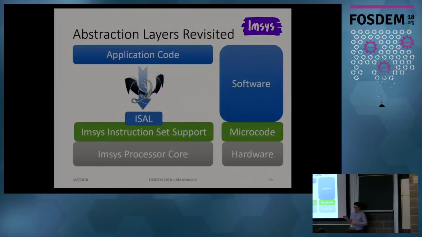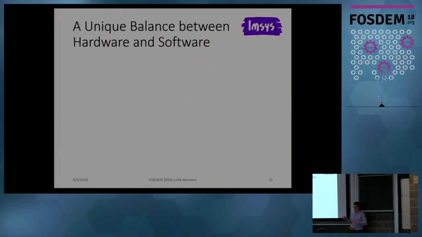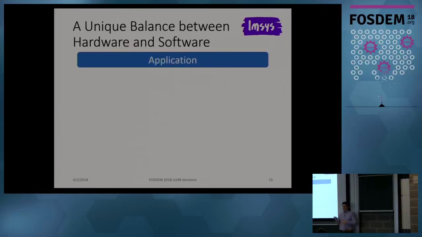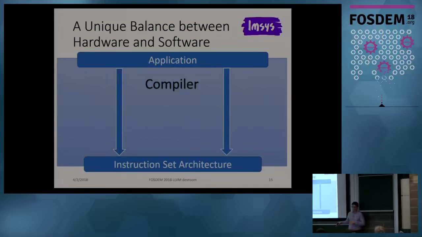Okay, I would just like to point out what it means to have a microcode defined instruction set architecture. Typically, you have your application code, and then you have a compiler which turns it into your assembly code and binary executable. And that's typically hardwired into the processor.